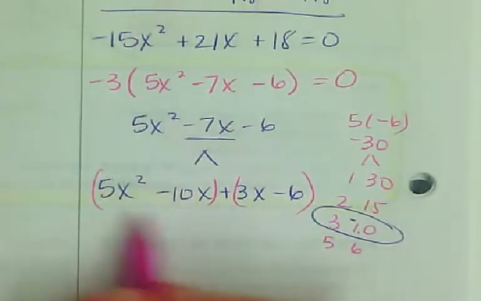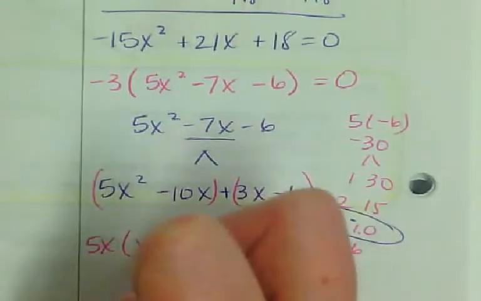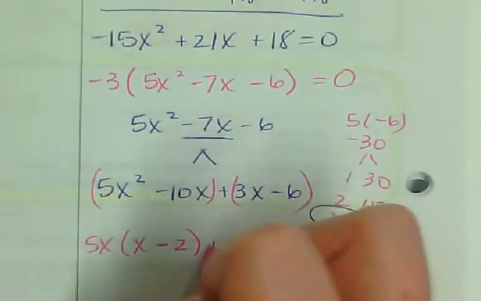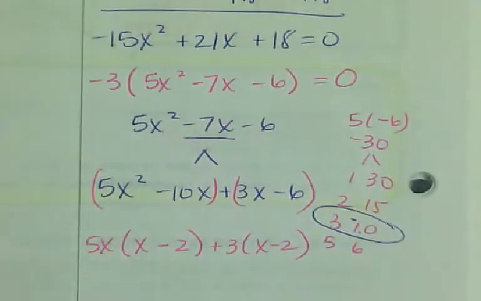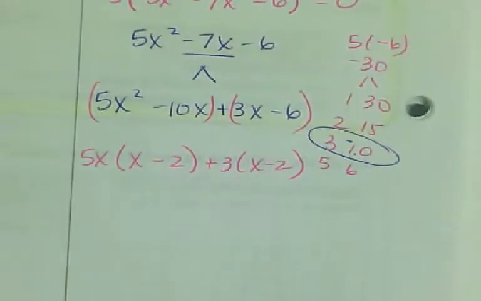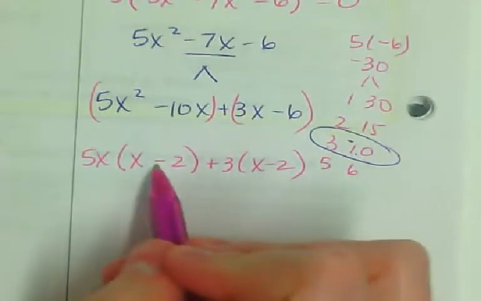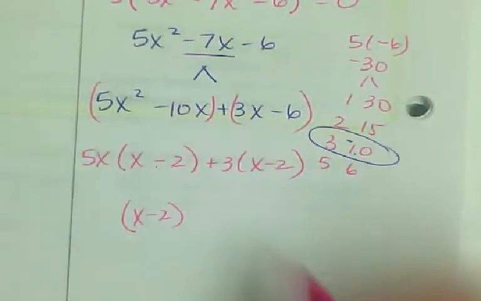I'm going to take out what they have in common. So the first pair has a 5x. That leaves me with x minus 2. The second set has a 3, which also leaves me with x minus 2. And remember that if these two binomials here do not match up, then you have factored incorrectly, or you have written the wrong equation, something, but you've messed up, so you got to go back. So I can say, well, these both have an x minus 2, so I'm going to factor that out.